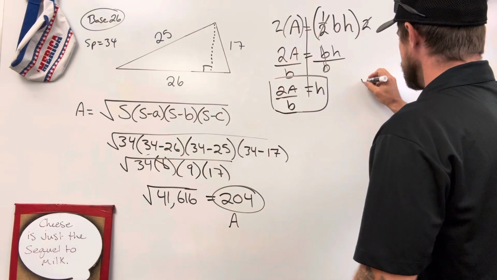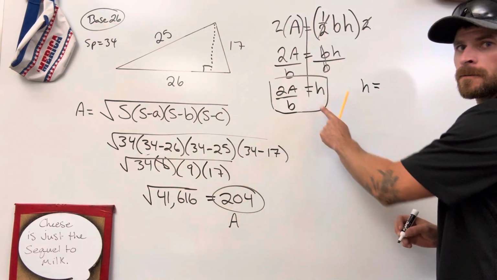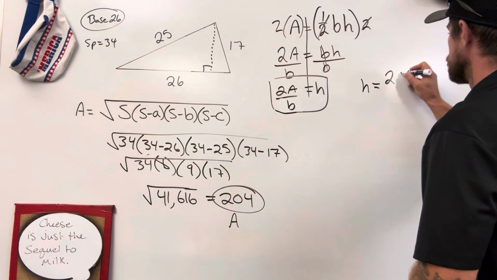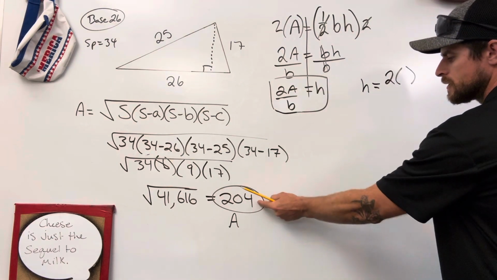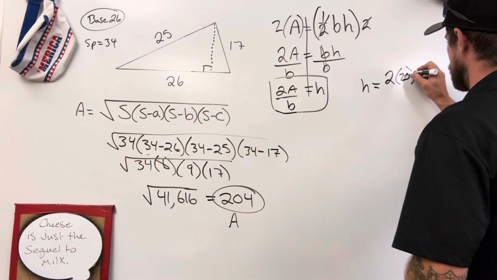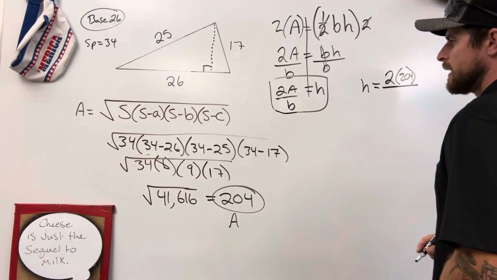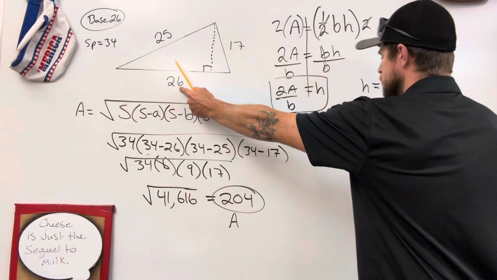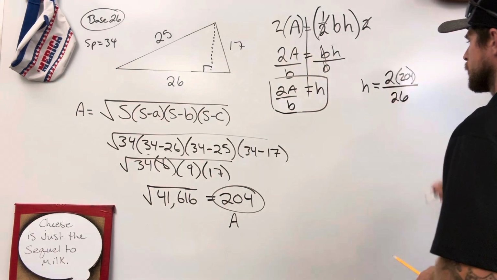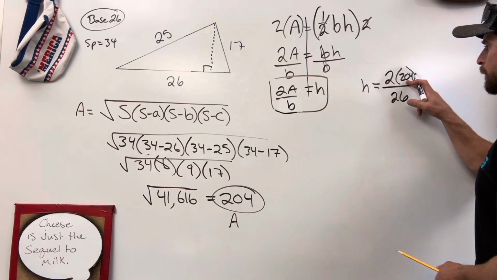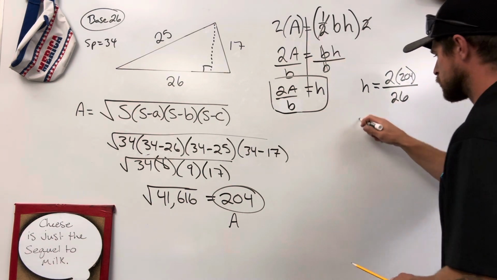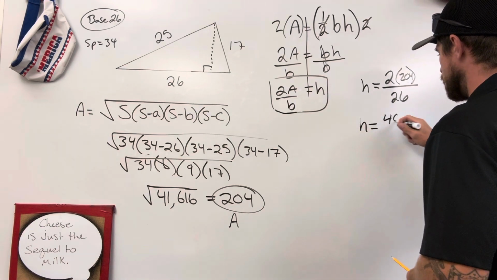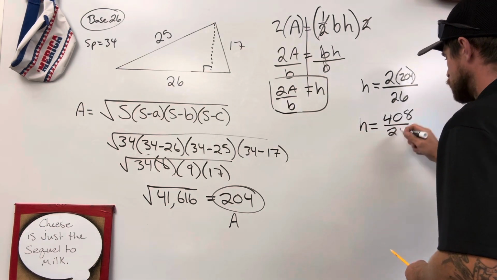So H equals 2 times A. What was our A? 204. Divided by B, which was 26. Okay, 2 times 204 is going to give me 408. So now I've got H equals 408 divided by 26.